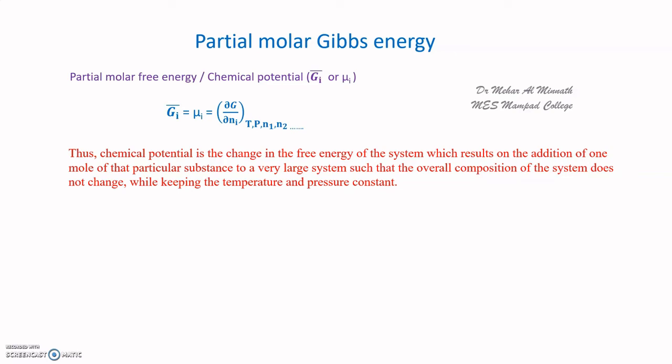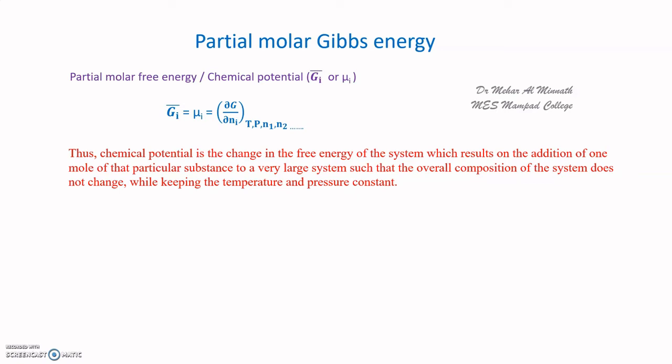So this is what we have said earlier also, just explaining it again and again for you to understand it. I mean, the concept must be clear. So chemical potential is a change in free energy of the system which results due to the change in the concentration or the amount of a particular component.